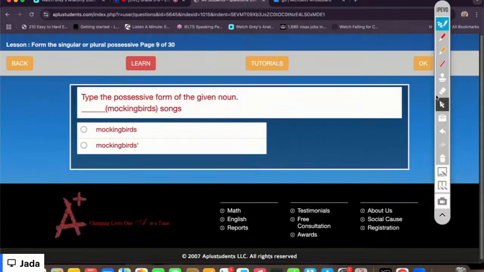All right, mockingbirds' songs, first or second. All right, so we have mockingbirds.